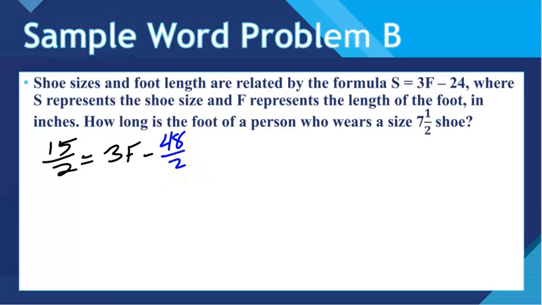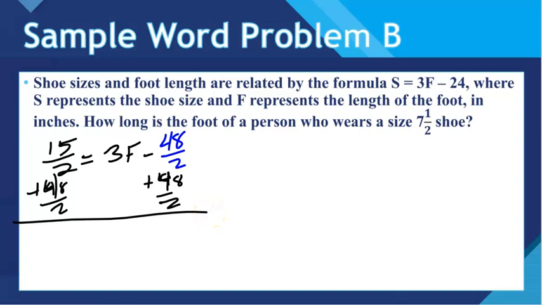Okay, so now to get this by itself, I'm going to add 48 halves on both sides. And now I'm left with 48 plus 15, which would be 63 halves equals 3F.